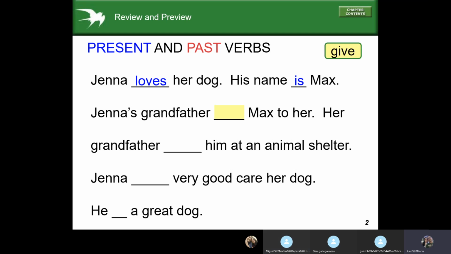Okay, are you sure? Try to imagine the situation. Gina already has the dog. So we have to use what? What will be the form of the verb give in this case?